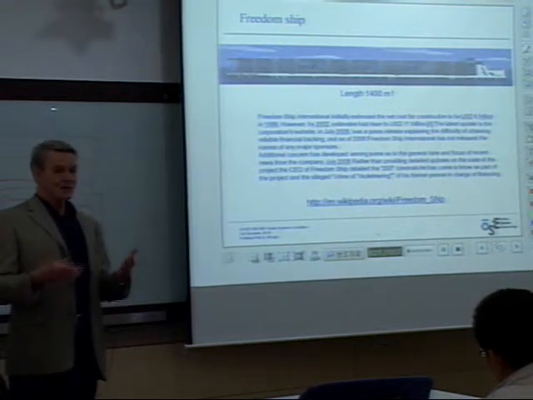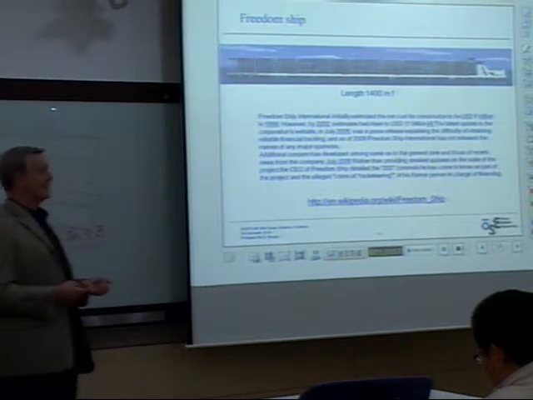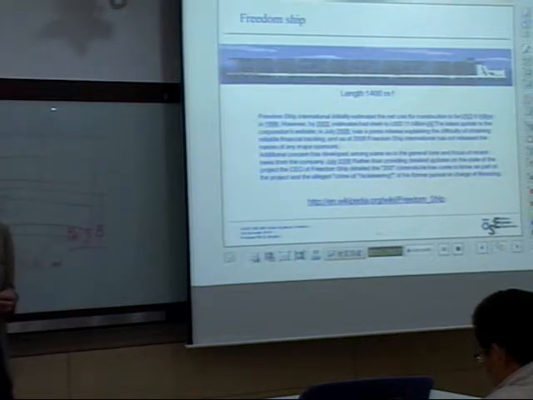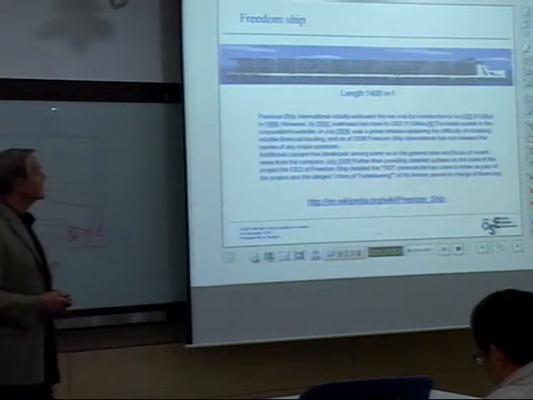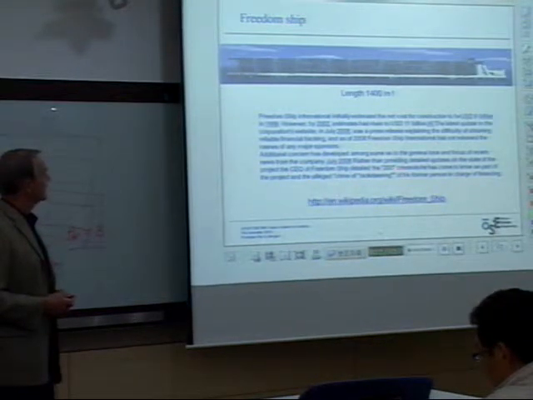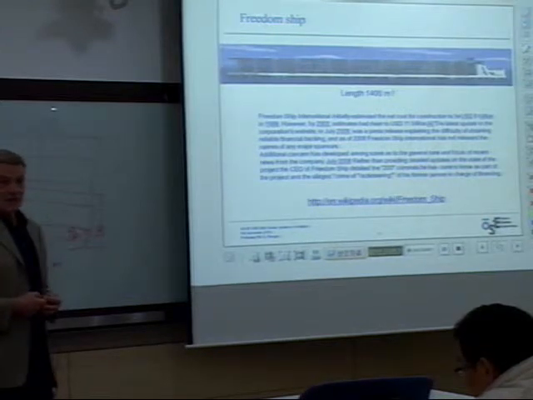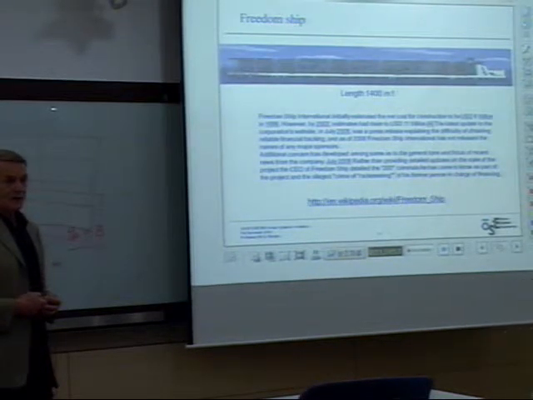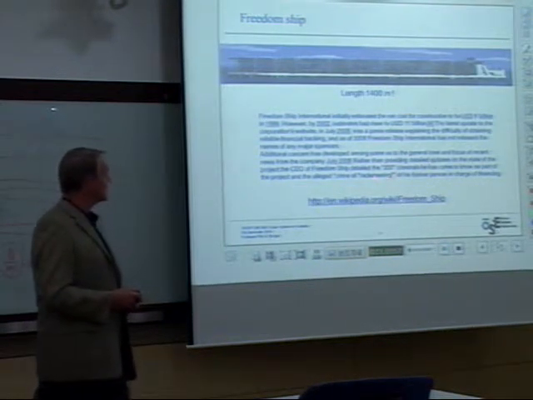Because the forces you get on this thing are so large that it can't be built. So now there have been criminal charges against the people who proposed this and got the financing. So that is crime of racketeering.